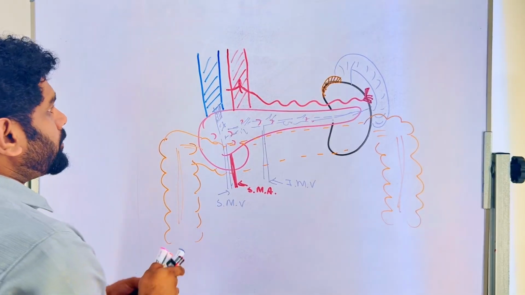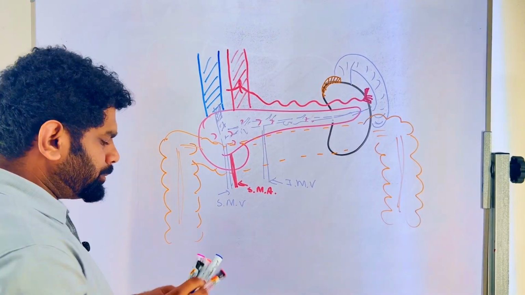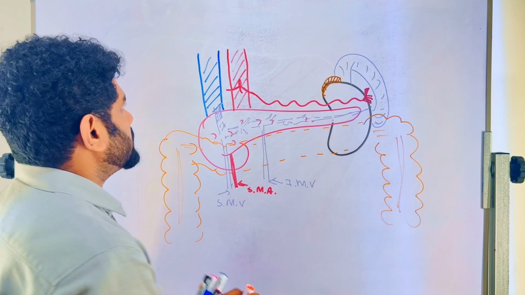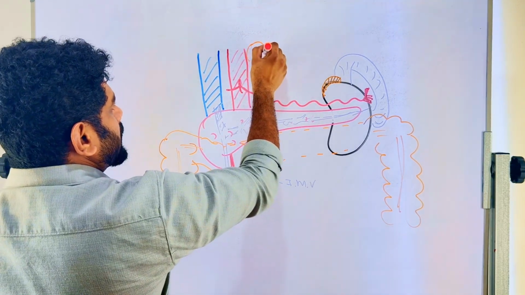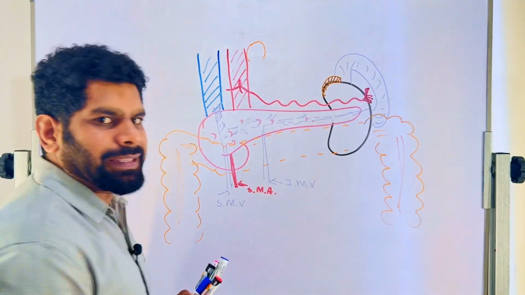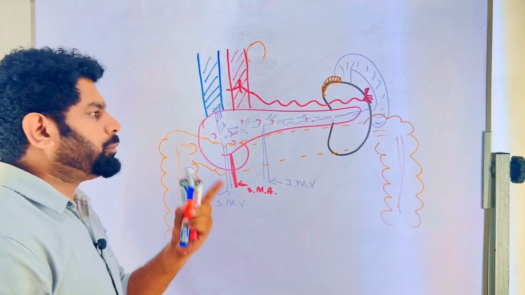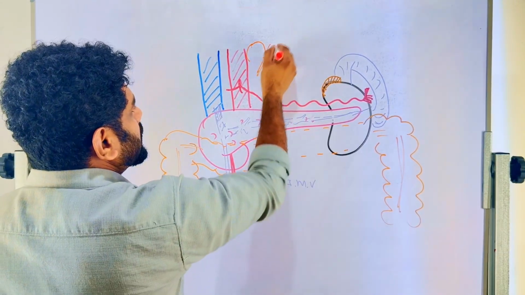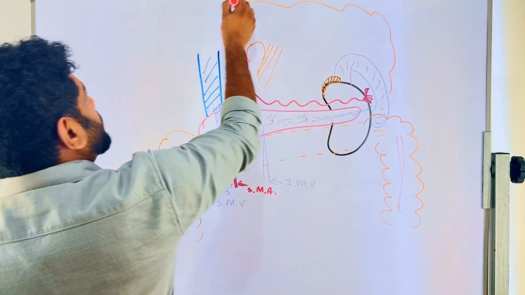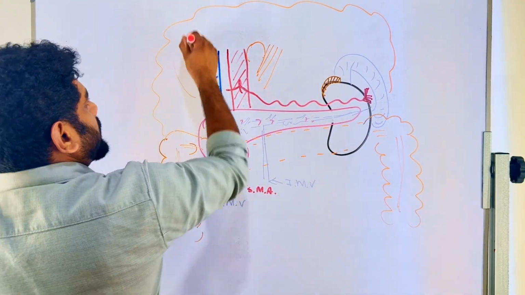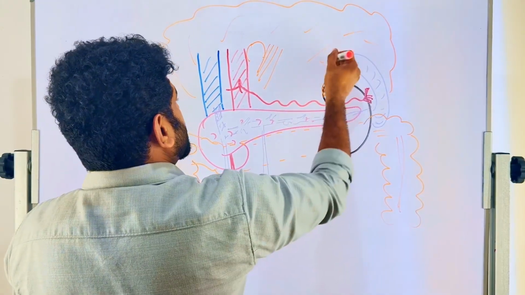Now there is another important structure, which is the diaphragm. There will be the orifice where the esophagus enters into the abdominal cavity, and there will be the left crus, and this is the diaphragm.